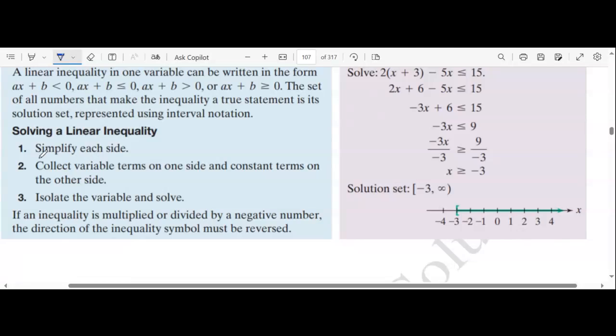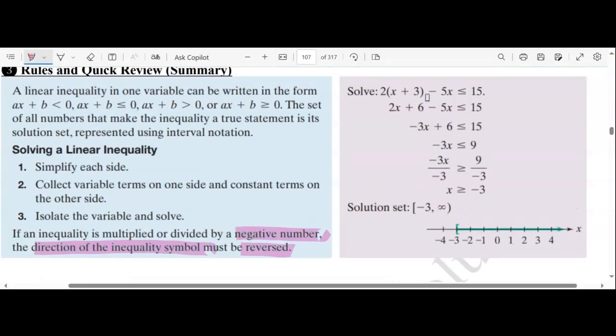Solving linear inequalities: 1. Simplify each side. 2. Collect variable terms on one side and constant terms on the other side. 3. Isolate the variable and solve. If an inequality is multiplied or divided by a negative number, this is very important, the direction of the inequality symbol must be reversed.